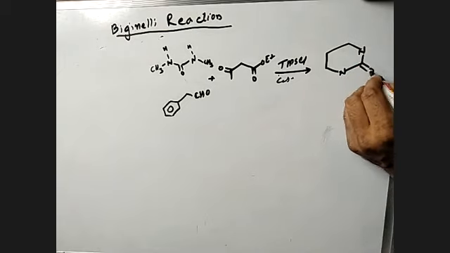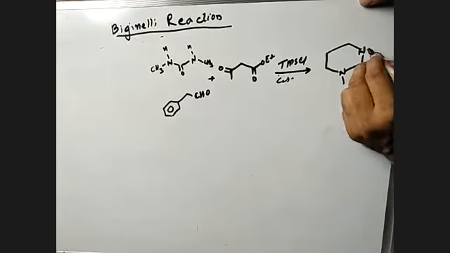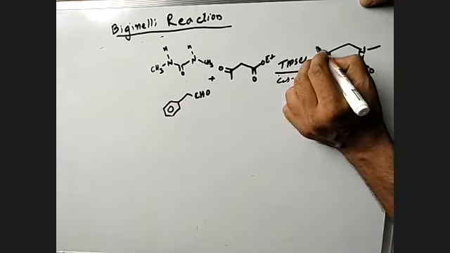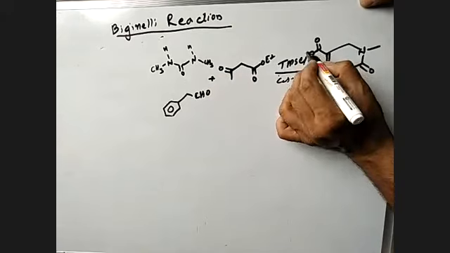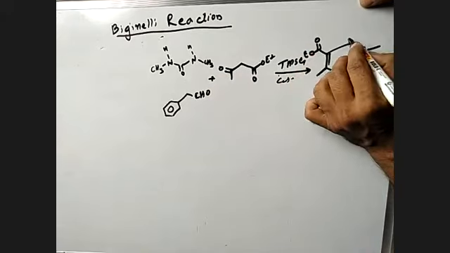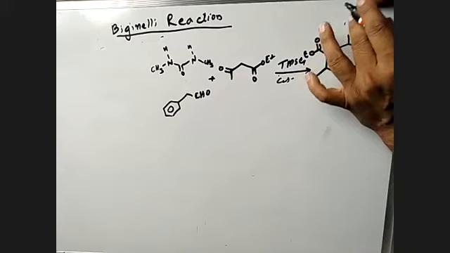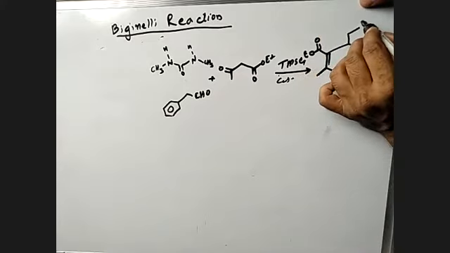This is a part of urea. There is methyl. On this side you write this ester part. I am writing here, and here. What will you write here? That is nice.